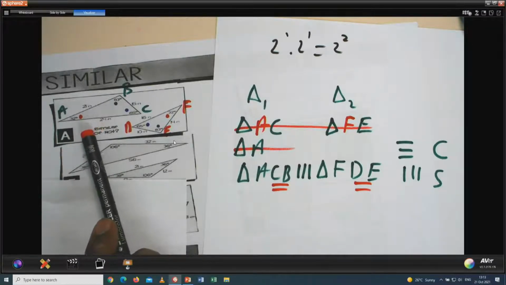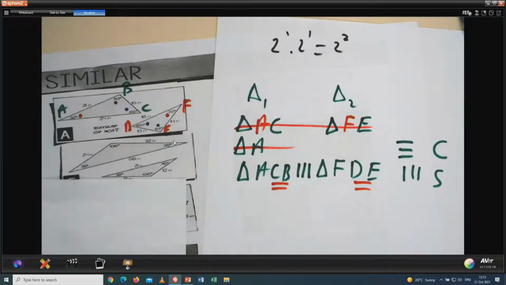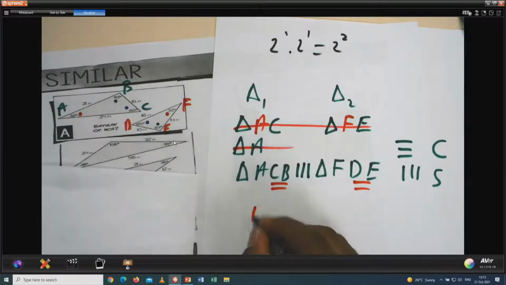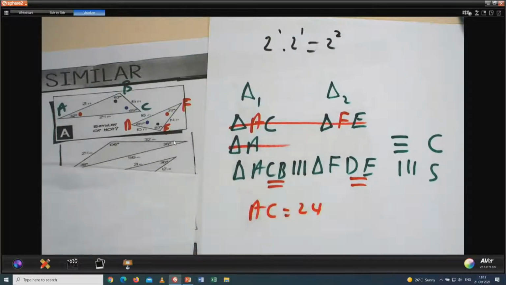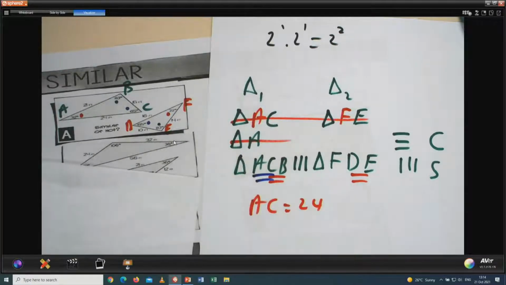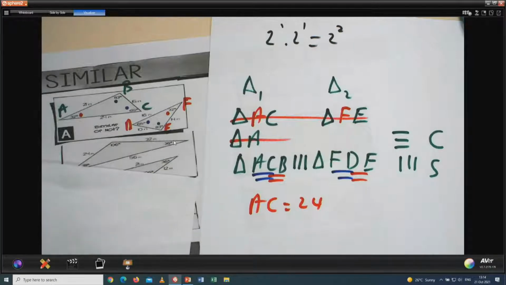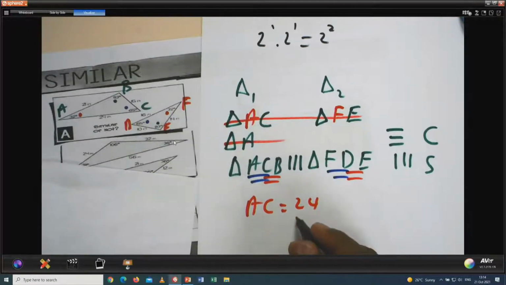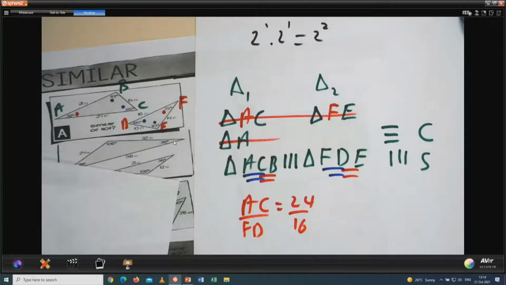Let's choose side AC. AC is equal to 24. And then obviously on that side we're going to choose FD because of that order. Therefore, FD is 16.